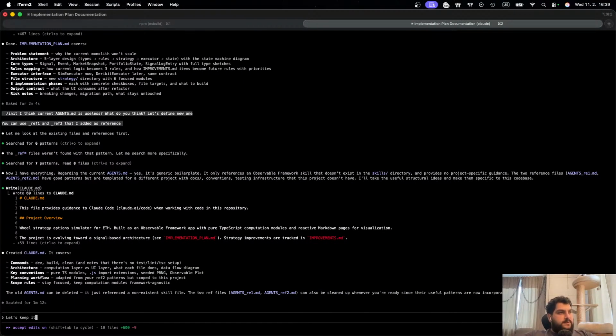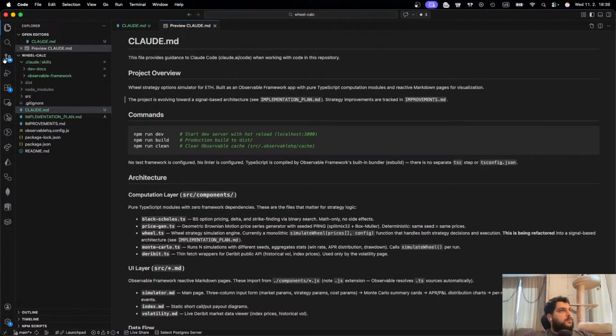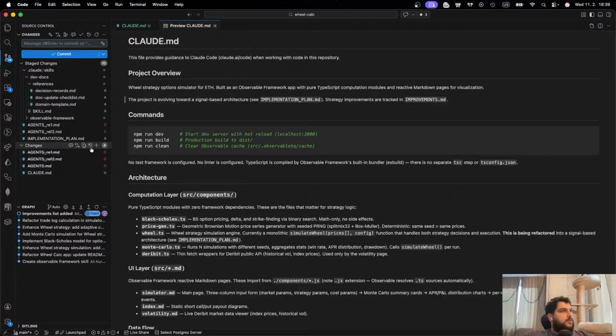Let's keep it independent from the architecture docs. See the skill for docs.